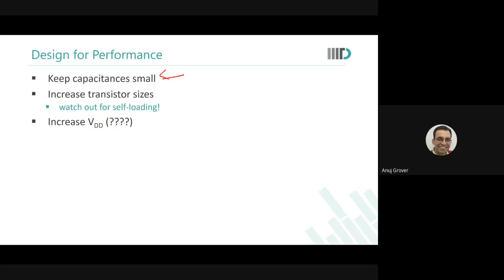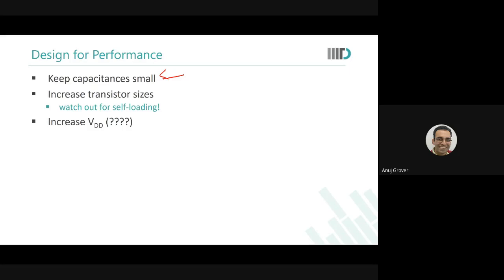So actually the delays would decrease. Do you know why? So the current can be higher. The current will be higher. See, we have VDD in the numerator, but we also have current in the denominator. And in saturation region, the current is proportional to square of VDD minus something, let us say.